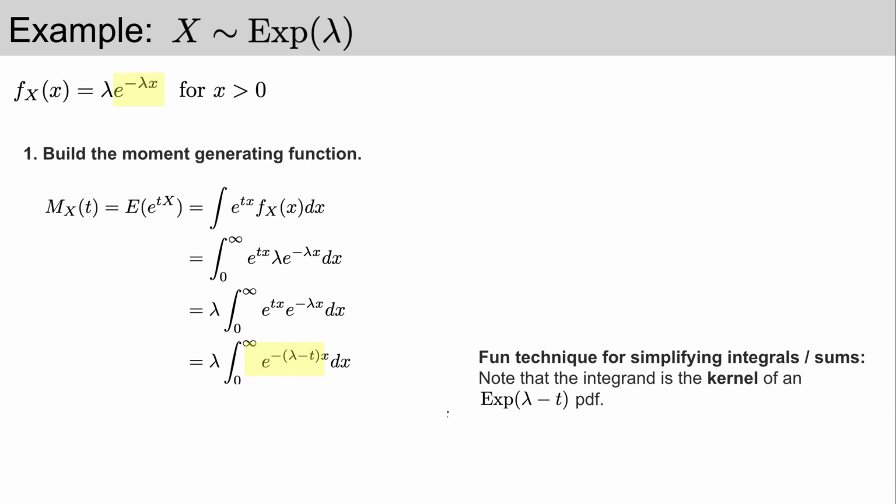To this end, notice that the integrand, highlighted here, is the kernel of an exponential variable with rate lambda minus t, right? So we have e to the negative something x, and that something is lambda minus t. But it's just the kernel, right? This PDF is missing a normalizing constant.